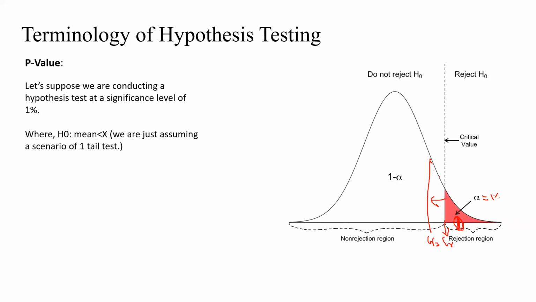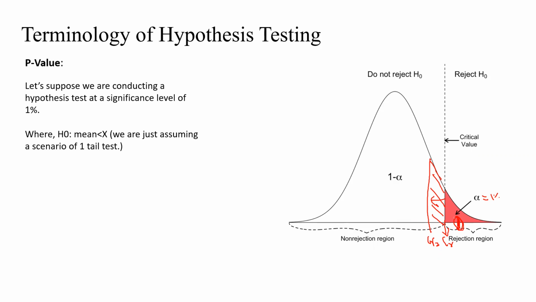Even then, my sample statistic will still be in the rejection region. So if my null hypothesis is rejected at alpha equal to 1%, it will stay rejected for any alpha greater than 1%: 2%, 3%, 5%, any alpha greater than 1%. We can tell that for sure from the visual, right?